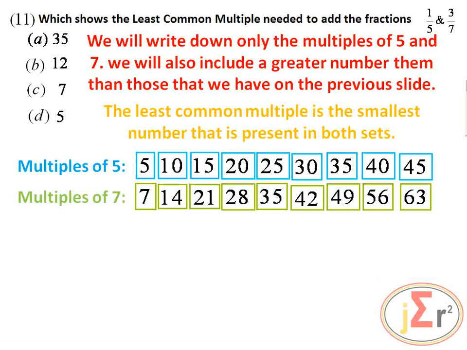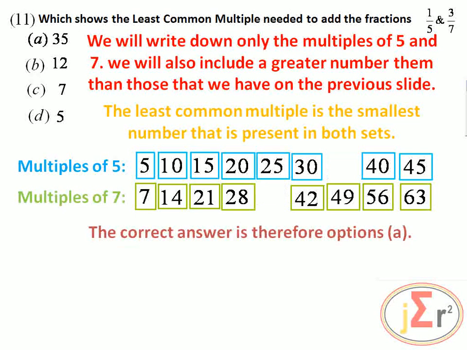Multiple, a number that the number can divide into. Common, it is present in both lists. Least, it is the smallest number in both lists. So if we look at the lists, what is the smallest number that is a multiple of 5 and 7? 35. And Jerry is saying again that it is 35. 35 is the smallest number that is both a multiple of 5 and a multiple of 7.